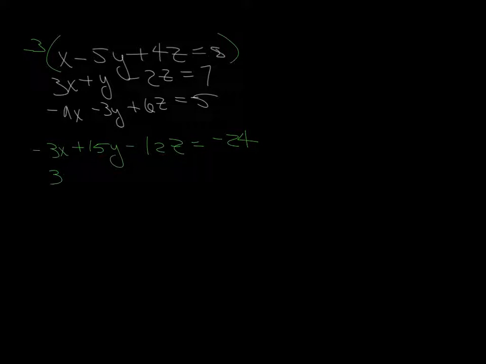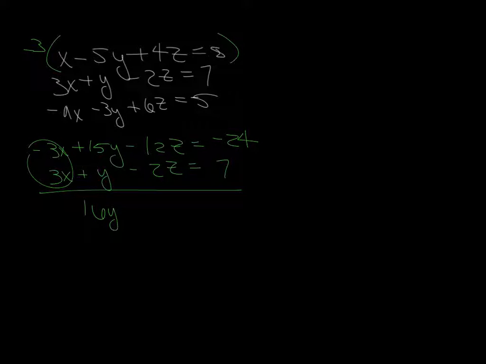And the second one we leave the same. Add, those are 0. Negative 24 plus 7 would be negative 17. So there we have a y and a z. We got rid of the x.